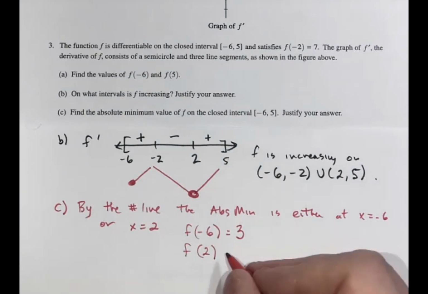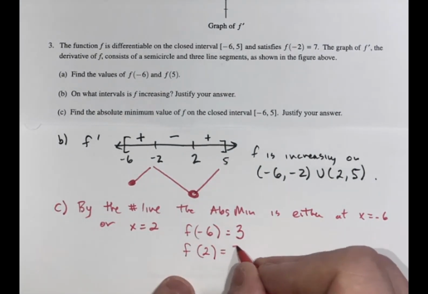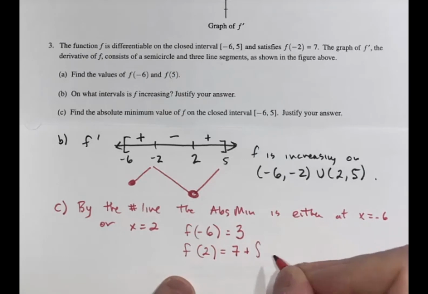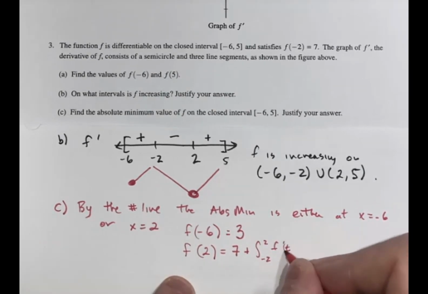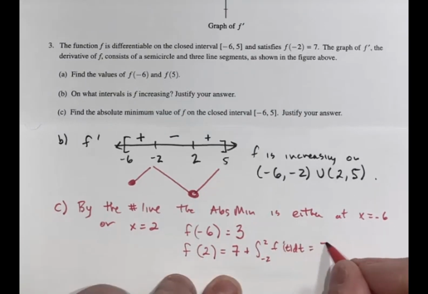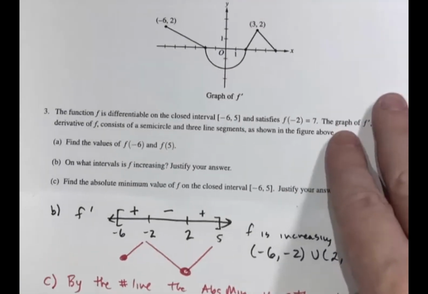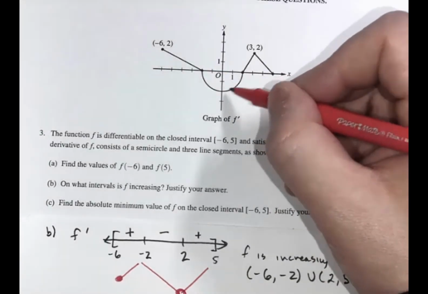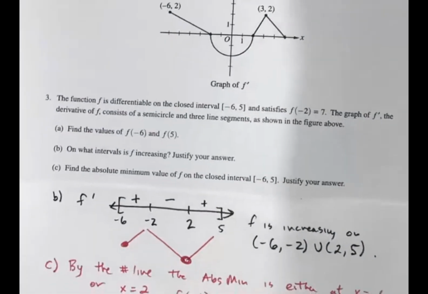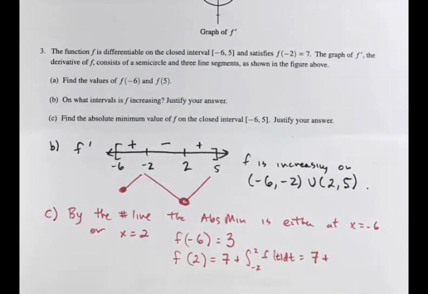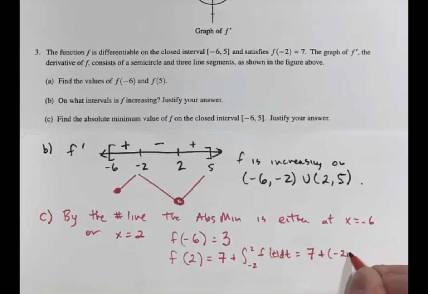So f of 2 is equal to 7 plus the integral from -2 to 2 of f prime of t dt, and that's 7 plus, we have to add on this semicircle. We already did that in part A. That's 2 pi, but remember it's below the axis, so it'd actually be adding on a subtraction of 2 pi. So f of 2 would be 7 minus 2 pi.